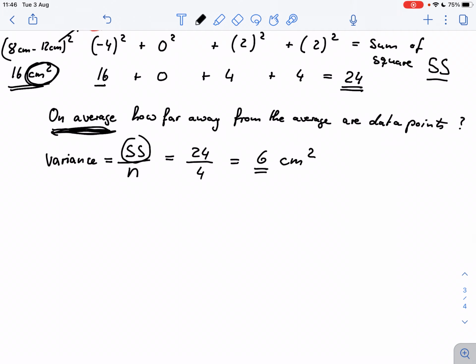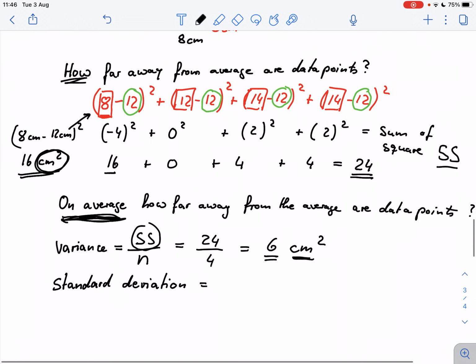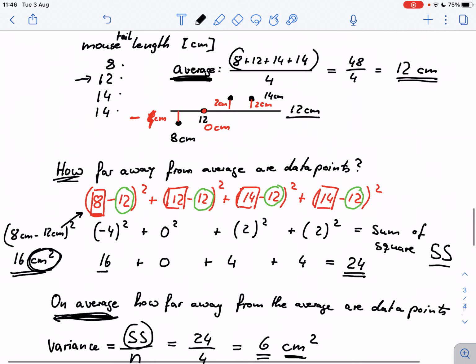And because people don't like that very much, they have introduced a different concept, which is the standard deviation. This is just simply because people don't want to work with units that are squared, because that's not the same unit that we had our measurements in.